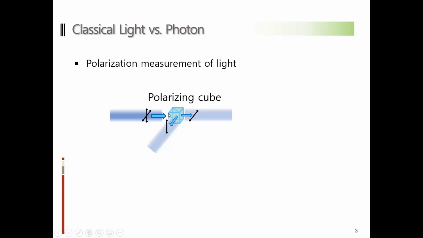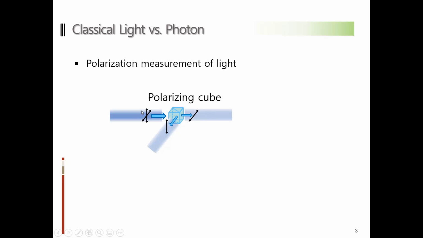So the horizontal component, corresponding to half of the polarization, will be transmitted, while the other half of the polarization, which is vertically polarized, will be reflected by this polarizing cube.